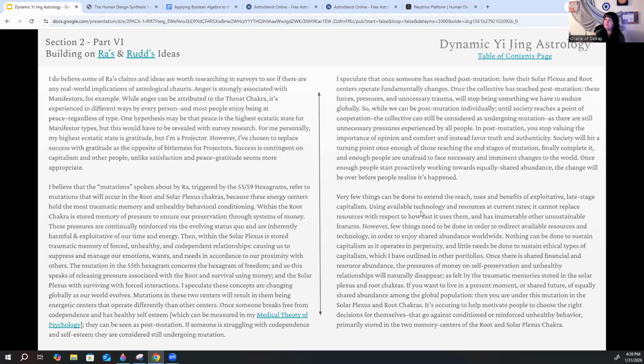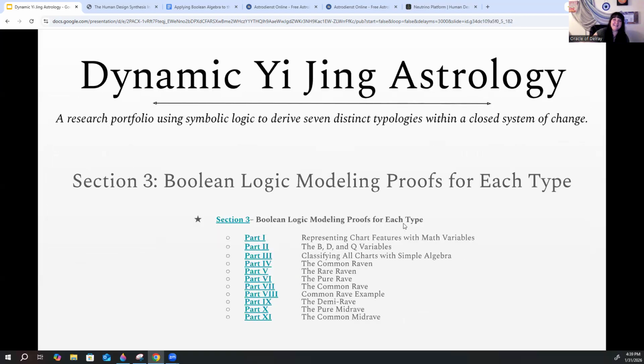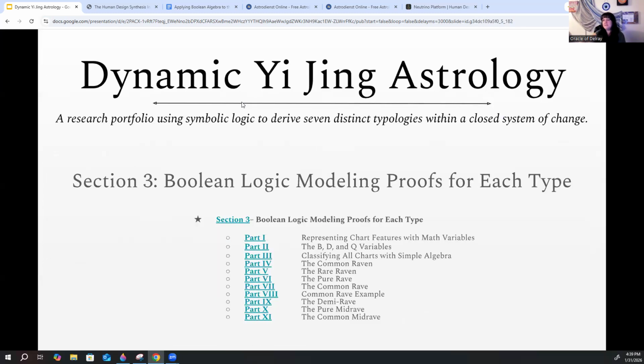I don't think 87 is the first instance of this, but I speculate in that. So these are the equations that can categorize all charts into the 7 types.